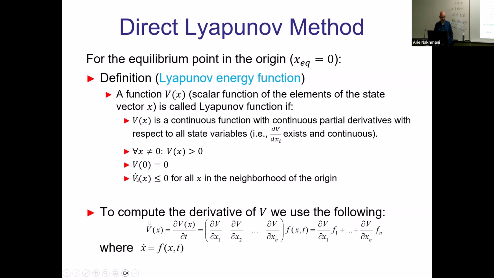The derivative with respect to time, this is v dot, should be not positive, 0 or negative. This is how you need to choose your function. Okay. So for all x in the neighborhood of the origin, which is that point, so around your equilibrium point, your function should have a negative derivative.